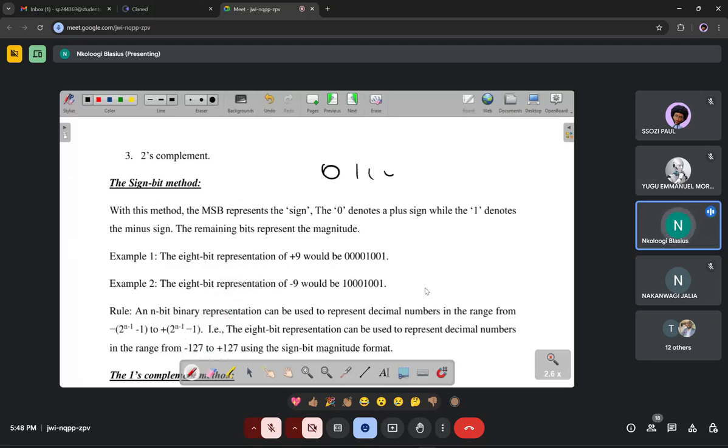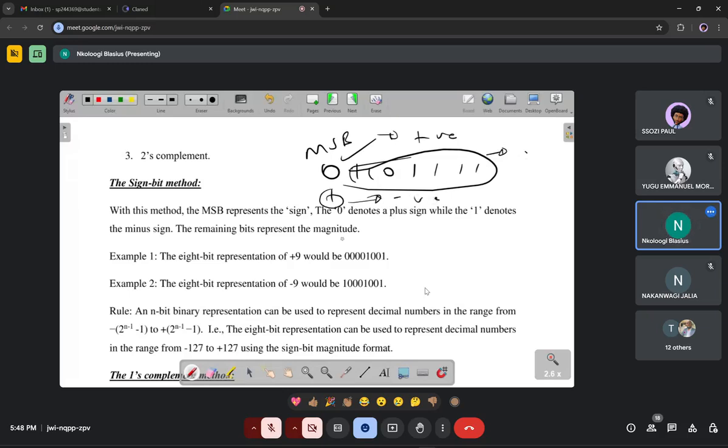This tells you that the number is a positive, and the rest of the part tells you the real number. And if it was a 1, then the number would be a negative.